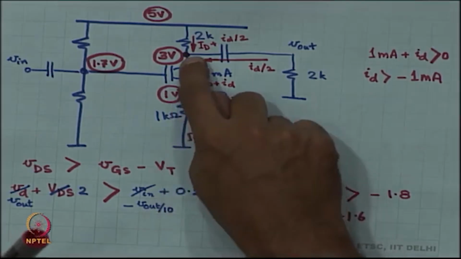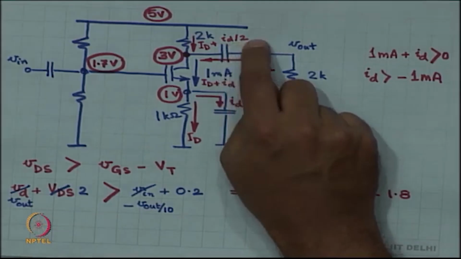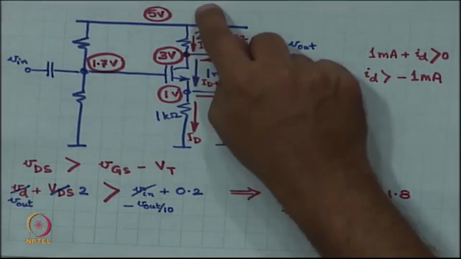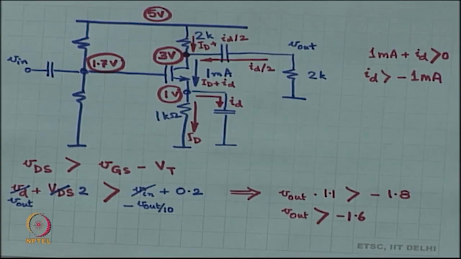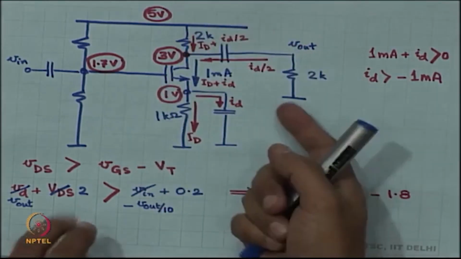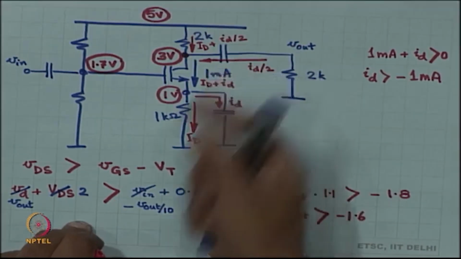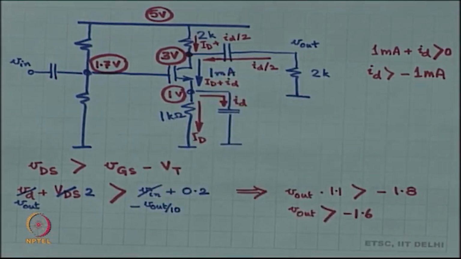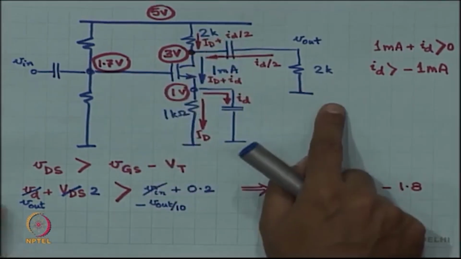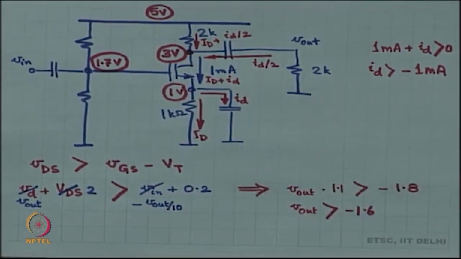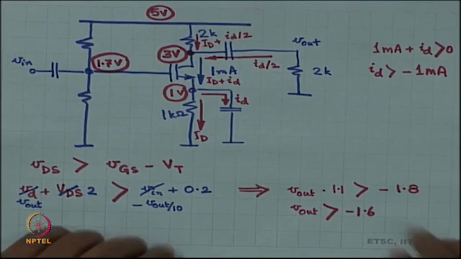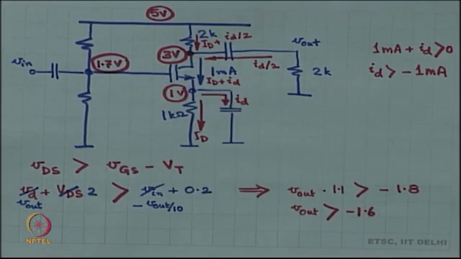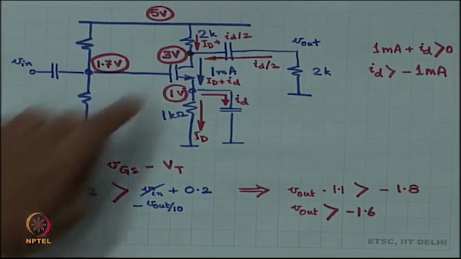Now, small id by 2 is the signal current coming from the drain resistor. Small id by 2 is the signal current coming from the load. Fine, it is an equal split because these two resistors happen to be equal. What is going to be the change in V out? What is the relationship between V out and small id? Yes.